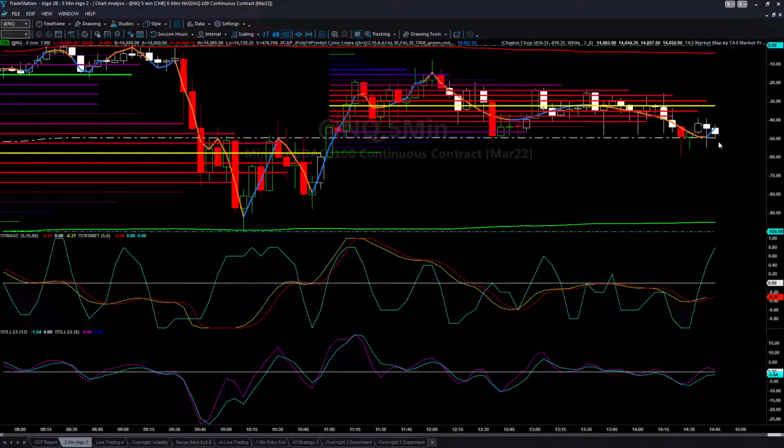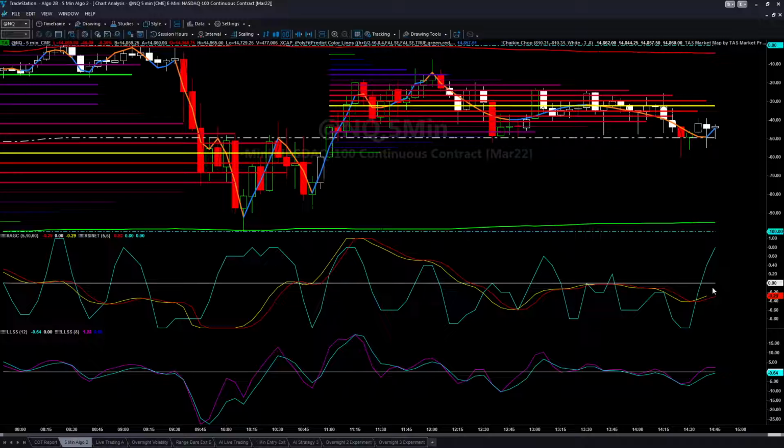All right, guys, we've got 4 minutes for bar change on the 15-minute candle. And we're stuck in consolidation.